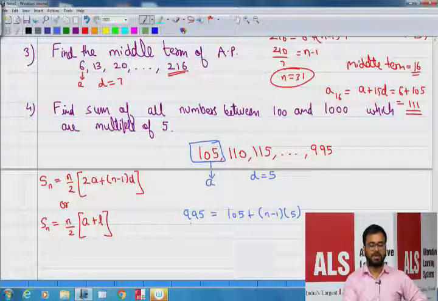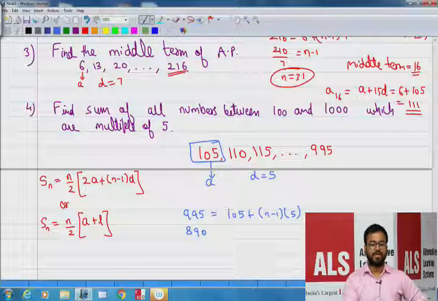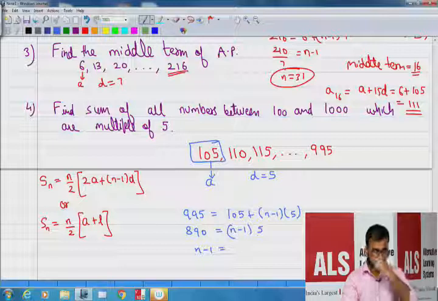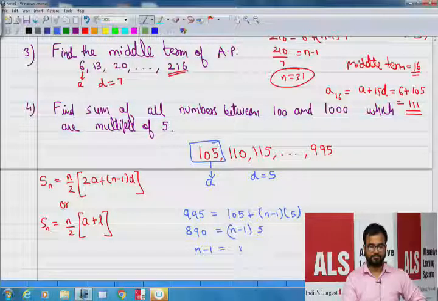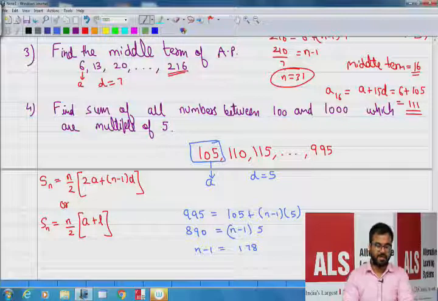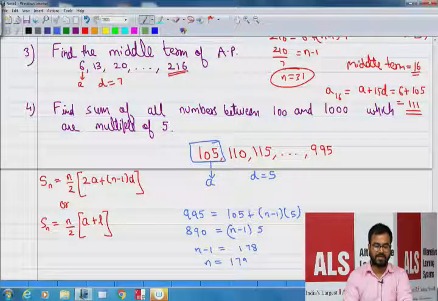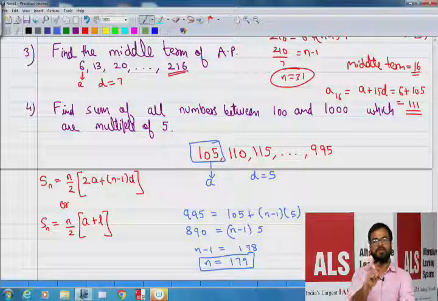So 995 minus 105, which is 890, is equal to n minus 1 into 5. So n minus 1 is equal to 178 and n is equal to 179. So there are 179 numbers between 100 and 1000 which are multiples of 5.